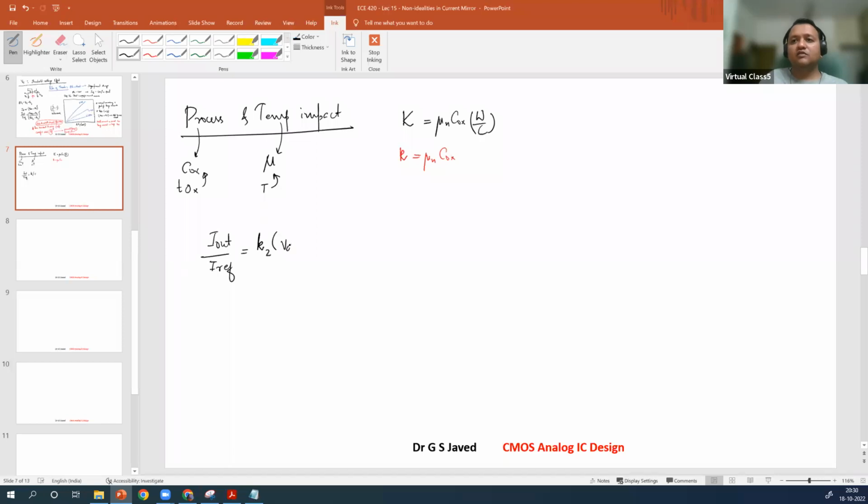VGS minus VT2 whole square, divided by K1 times VGS minus VT1 whole square. The assumption here is that the aspect ratio is the same and the VGS is going to be the same.